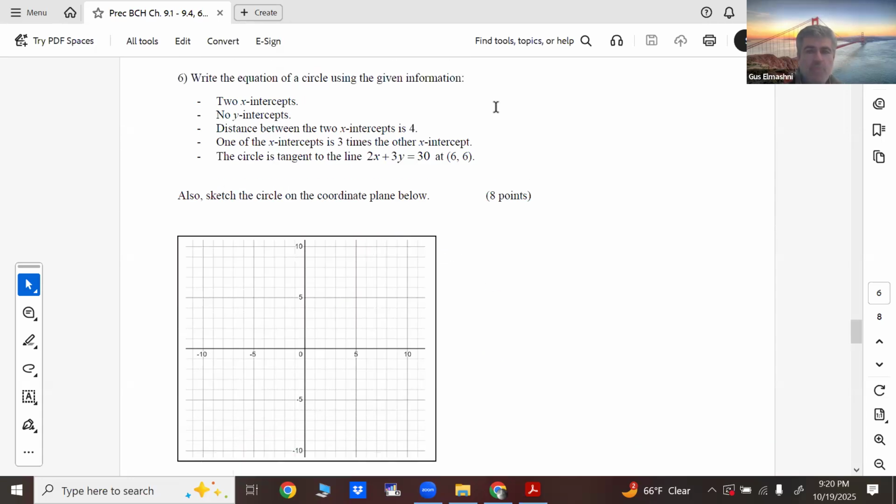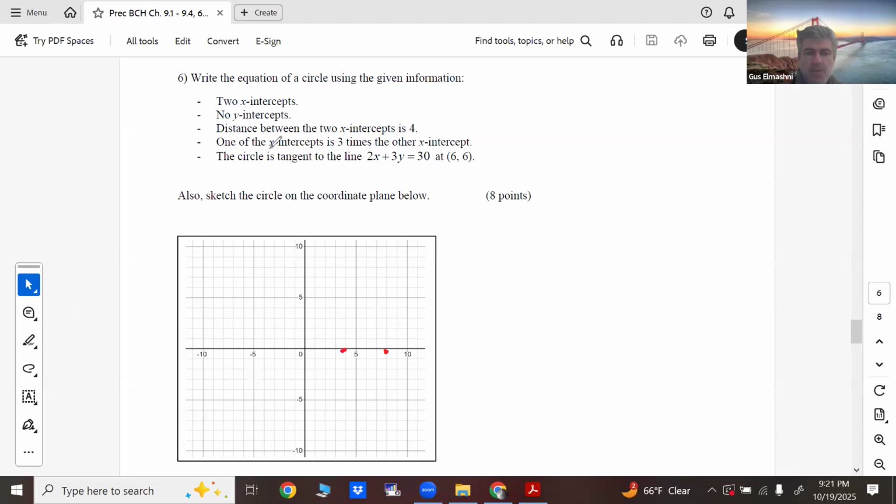So now let's talk about 6. You have a circle, 2 x-intercepts, no y-intercept. The distance between the 2 x-intercepts is 4. And they say one x-intercept is 3 times the other.